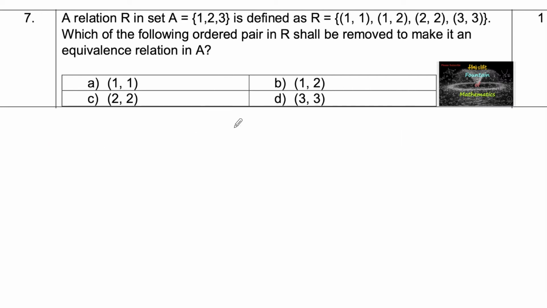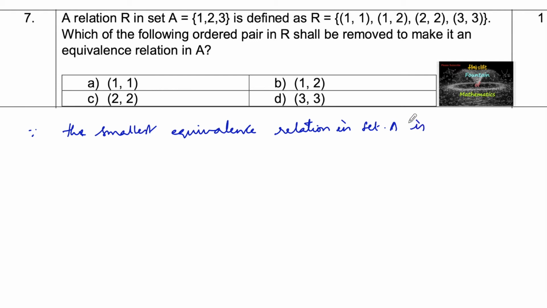We know that the smallest equivalence relation in set A is the identity relation, that is IA.